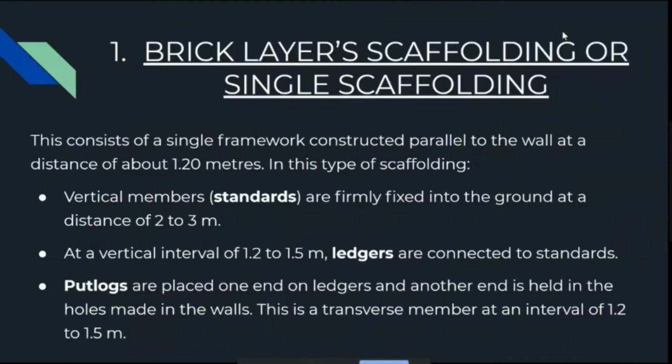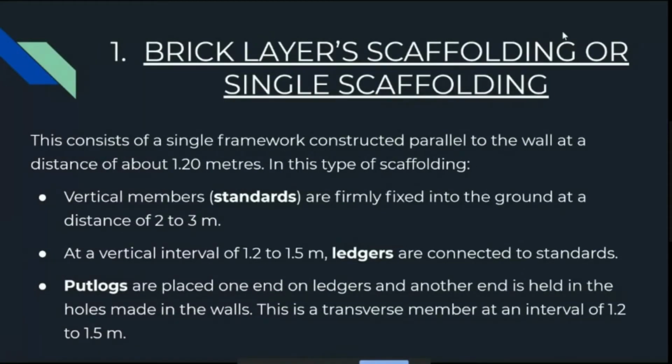The very first type of scaffolding is bricklayer scaffolding, which is commonly known as single scaffolding. This is a scaffolding which consists of a single framework, which is constructed parallel to the wall at a distance of about 1.2 meters. So first, the standards, which are the vertical members, are fixed into the ground at an interval of 2 to 3 meters.